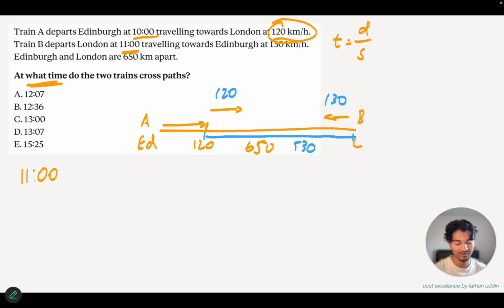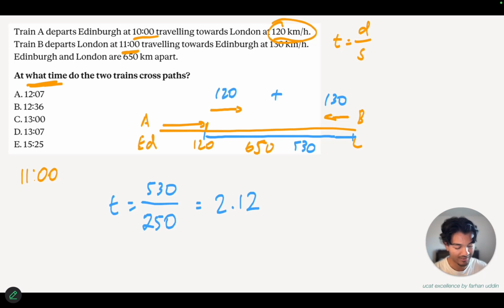How do we get that? We just add the speeds. So with that in mind, we can find the time that it takes. If time equals distance over speed, then we have distance, 530 kilometers left, over speed. They are 250 kilometers closer to one another after every hour. So that ends up giving us 2.12 hours.